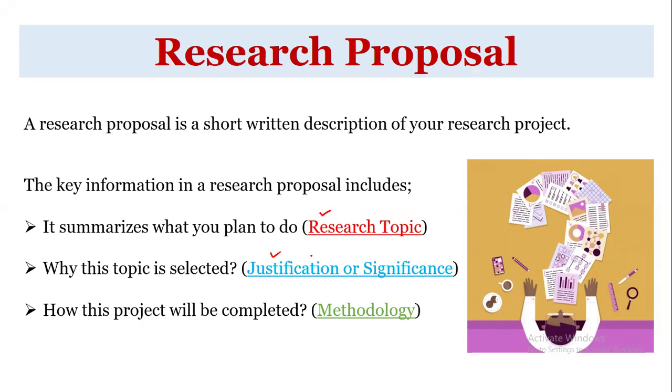And we give a detailed, stepwise description of the steps which we will follow to perform or to complete that research project. So simply you can say that it is a small version of your detailed research project, which you are planning to complete in 1, 2, or 3 years, which really depends on whether you are writing it for the MS or PhD program.